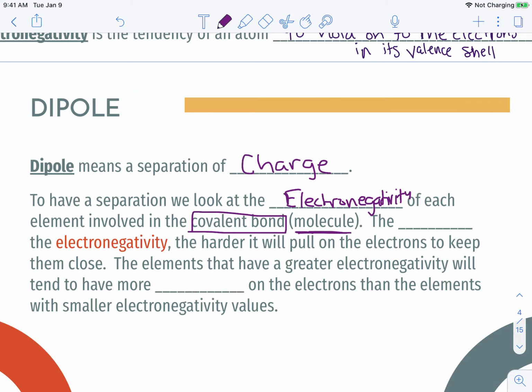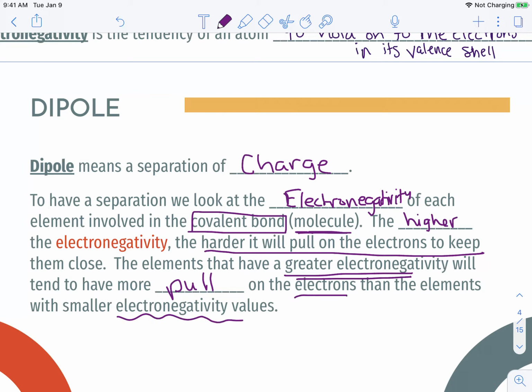The strength of the electronegativity determines how strong or how weak a pole there is. So the higher the electronegativity, the harder it will pull on the electrons to keep them close. The elements that have a greater electronegativity will tend to have more pull on the electrons than the elements with smaller electronegativity.